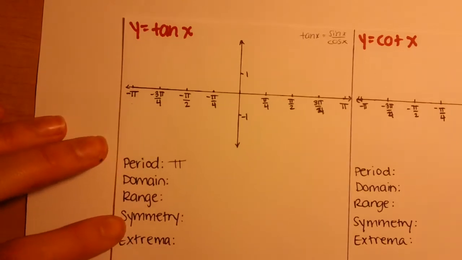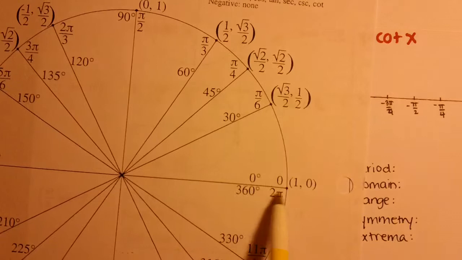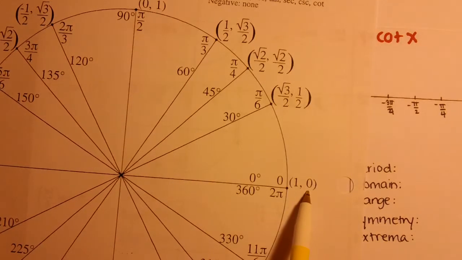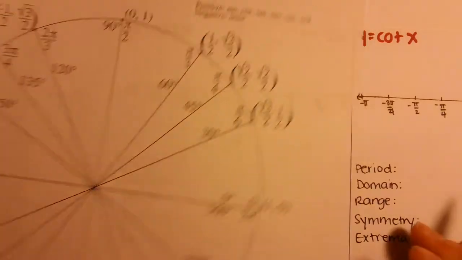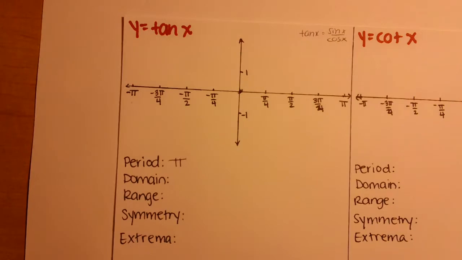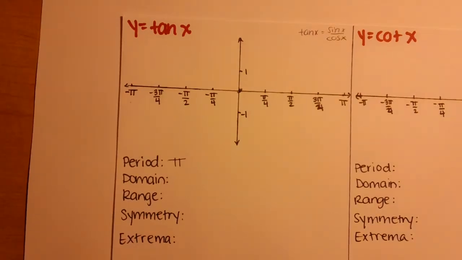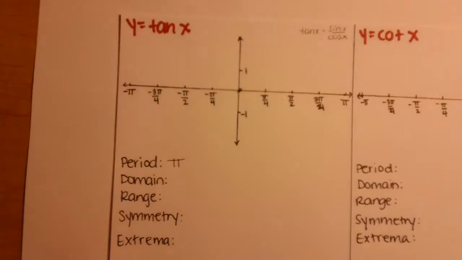So we're going to start at 0. So let's look at our unit circle. And at 0, we have the point 1, 0, which is cosine, sine. So to do sine over cosine, we'll have 0 over 1, which is 0. Now, when we look at pi over 2, we have 0, 1, which will have 1 over 0, which is undefined.